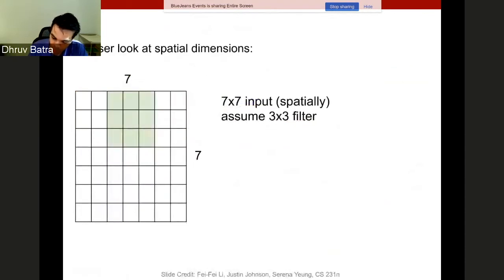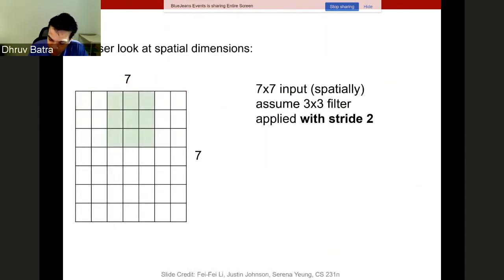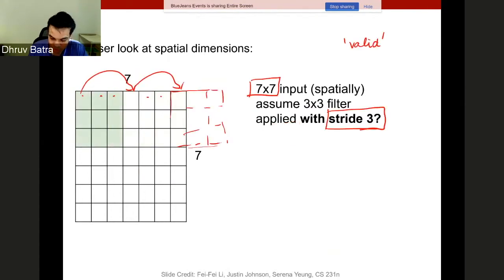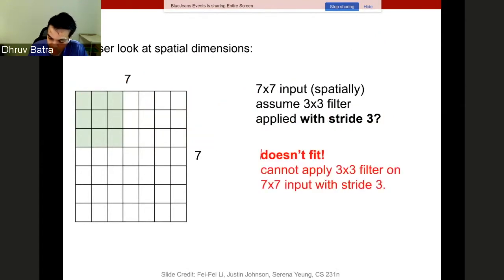Okay, so we have stride equals 2 perfectly fine. Stride equals 3, we're running into problems. We actually just can't define stride equals 3 for a 7x7 if we want a valid convolution, because it leads to a placement that just doesn't fit. You cannot place a 3x3 filter with a stride of 3 in a 7x7 input.